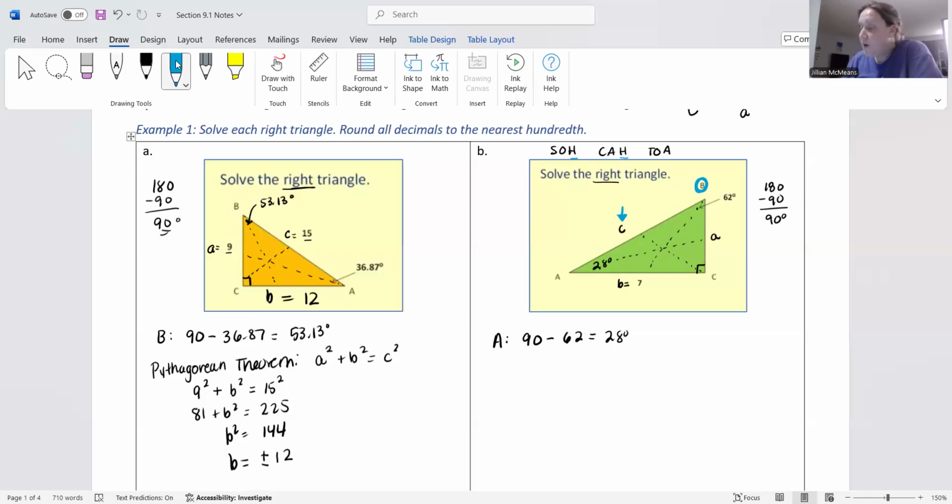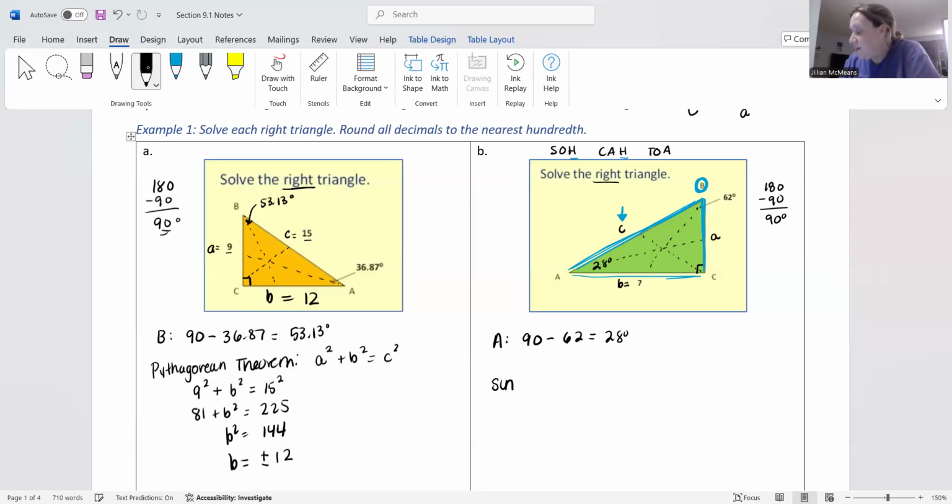Well, cosine relates the side adjacent to whatever angle, and we're talking about angle B now. Well, the adjacent side is missing, and it relates the adjacent side to the hypotenuse. Since both of those side lengths are missing, I can't use cosine. But I could use sine because sine relates the opposite side to the hypotenuse. So let's talk about sine of 62 degrees, okay?